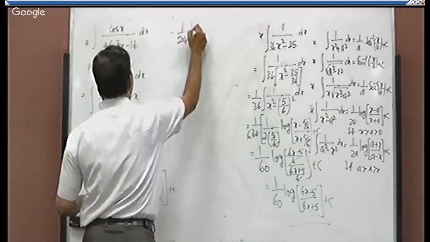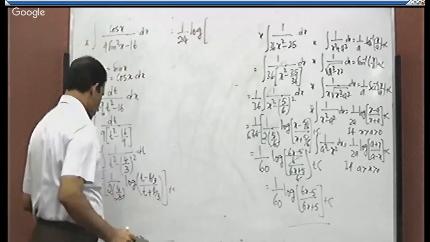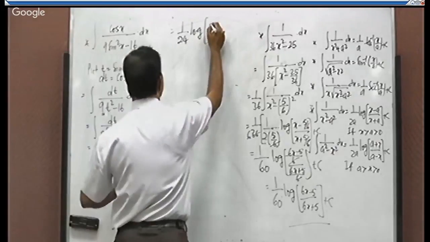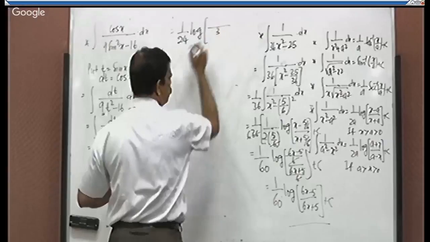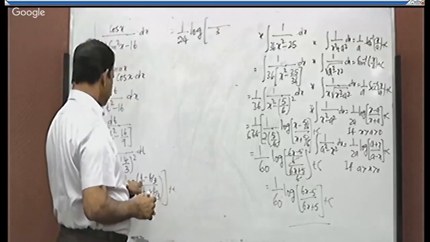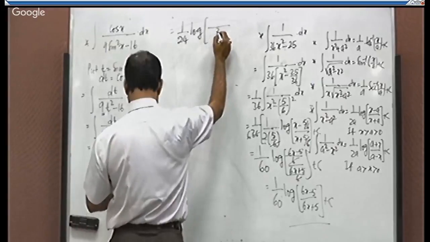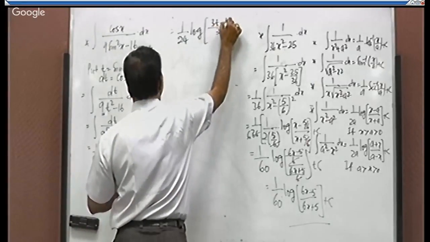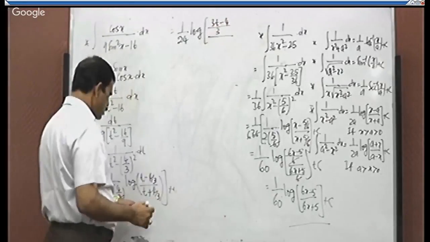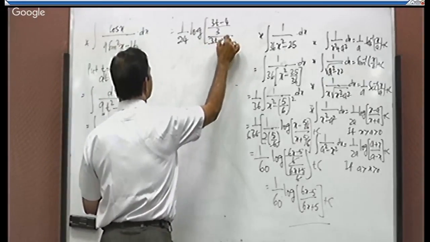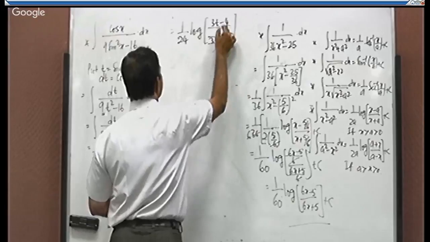8 3s are 24 into log of t minus 4 by 3. You take 3 as LCM. What is t? 3t minus 4 divided by, here also 3 is LCM, 3 into 3t plus 4, right? 3 get cancelled.